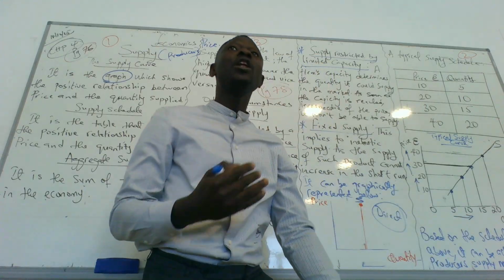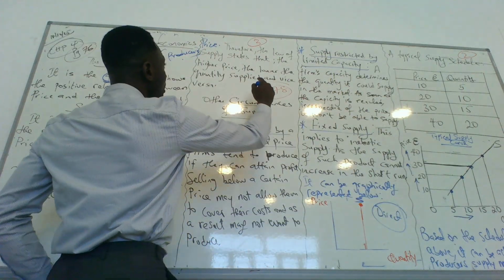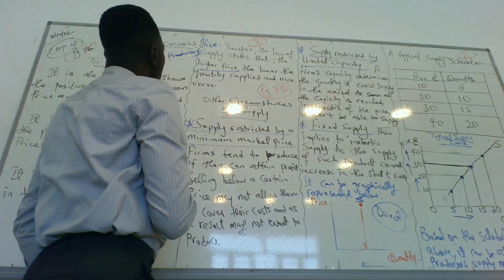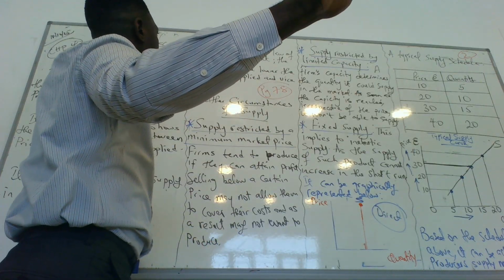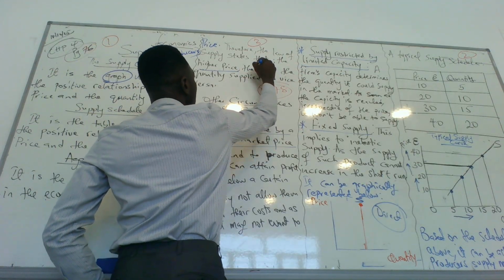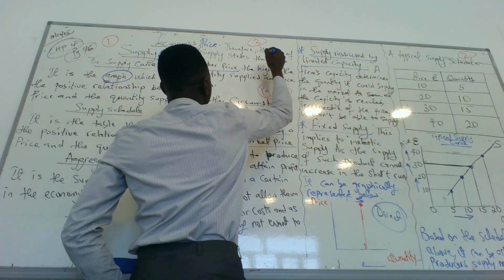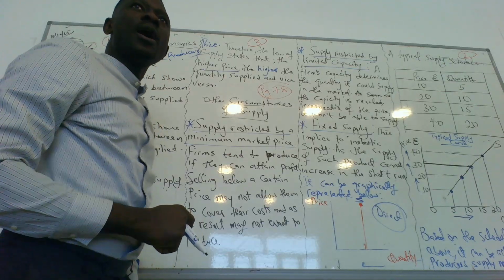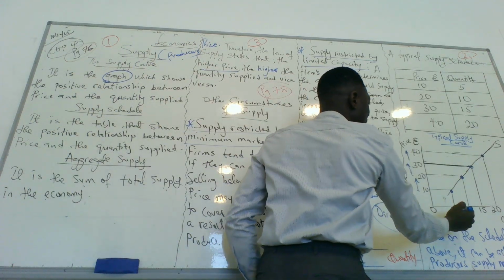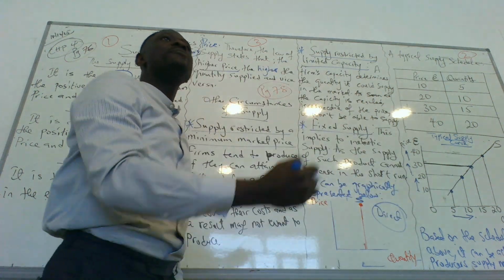So that takes us to the law of supply, which says: the higher the price, the higher the quantity supplied, and vice versa.